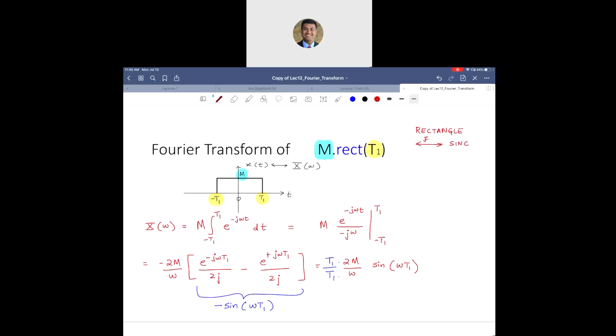So what do I get? 2M t1 sinc omega t1. That's the Fourier transform of the rectangle that we defined here. Questions about this example?